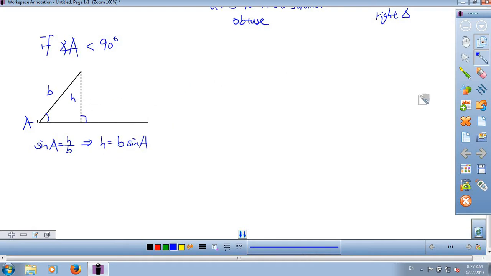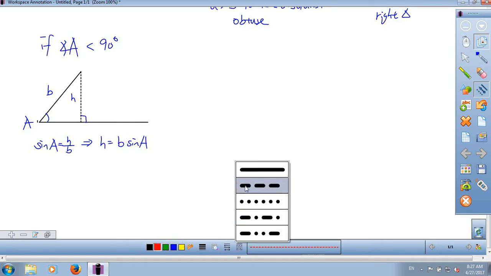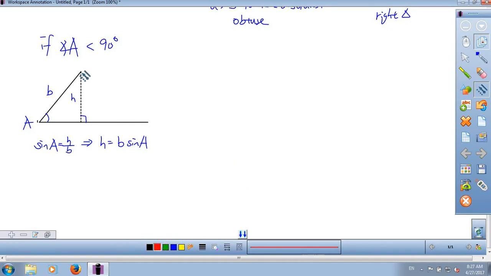Okay, so let's compare A. Let's say A is shorter. Hold on, let me use a different color. So let's say this is A. Let me go to the top. A starts here. If A is shorter than H, you are not going to make any triangles.